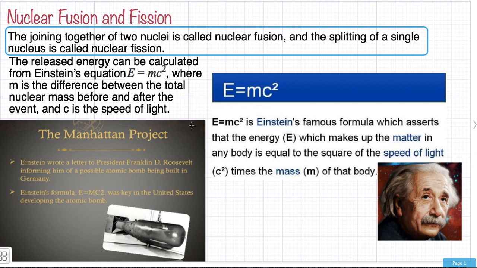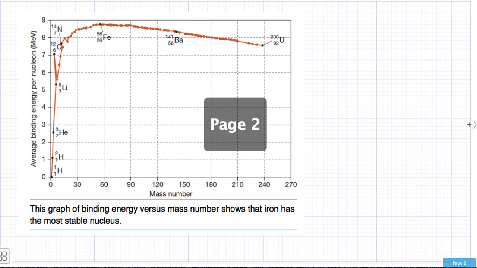So he was really disgusted and sad and upset by what happened with his finding, E equals mc squared. But it's really important for us to understand today how this equation is used and really all the power that comes from simply splitting and fusing nuclei of elements. The huge power that comes from that, it's pretty spectacular and pretty terrifying at the same time.